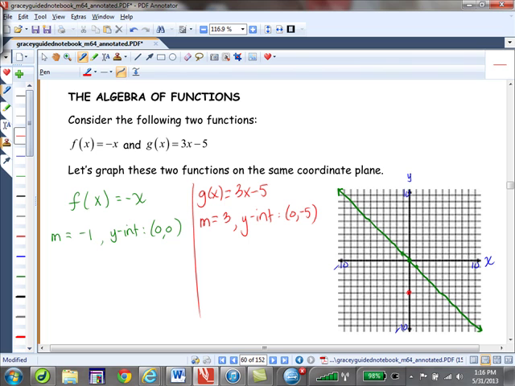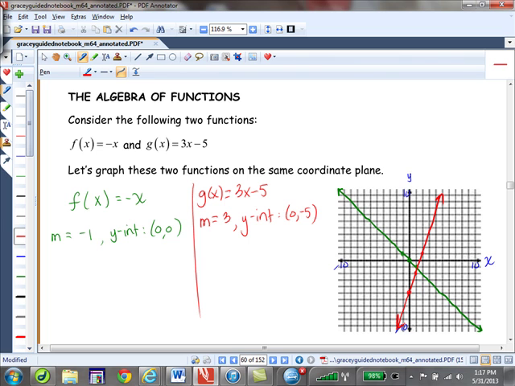And then the slope of 3, 3 up, 1 to the right. I'll do another point so I can get the shape of my line. It'll look something like that.